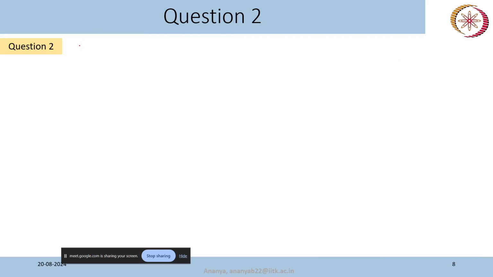Second question is, a thermistor has a resistance of 1 kilo ohm at 298 Kelvin temperature.